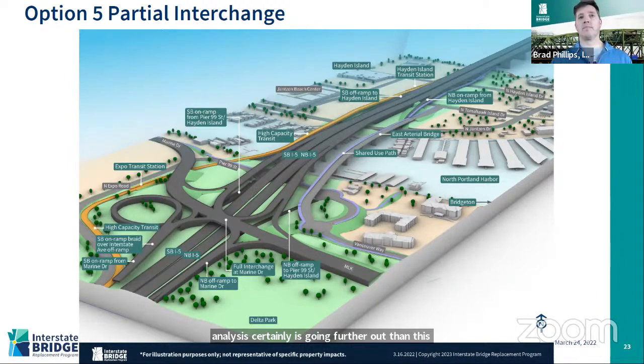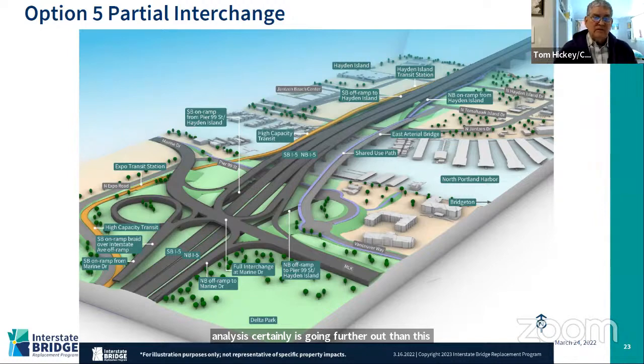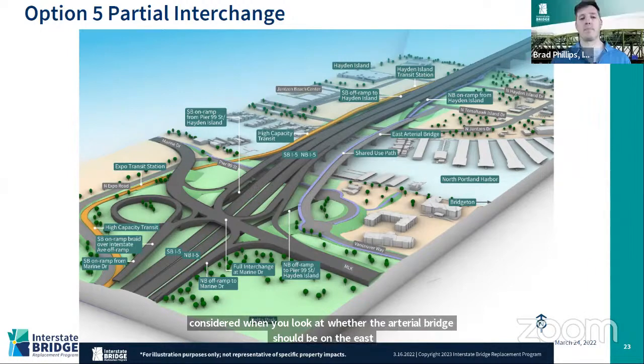Tom Hickey. Thank you. I have a few questions. The first one being, and this is not expressing a preference particularly, but what are the imperatives you consider when you look at whether the arterial bridge should be on the east side or the west side? Functionality being one of those.